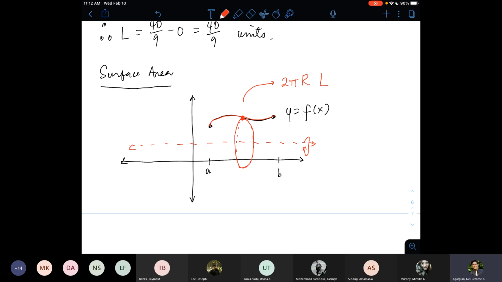And then we sum it up over all x values, because what I drew here is just a specific value for x. So we do this for all x's from a to b. And then to get the sum of those measurements, we take the integral, because again, integrals are interpreted as continuous sums. So you need to remember that the integrand for the surface area is of the form 2 pi r times the length of the arc. Okay, so let's look at some examples here.